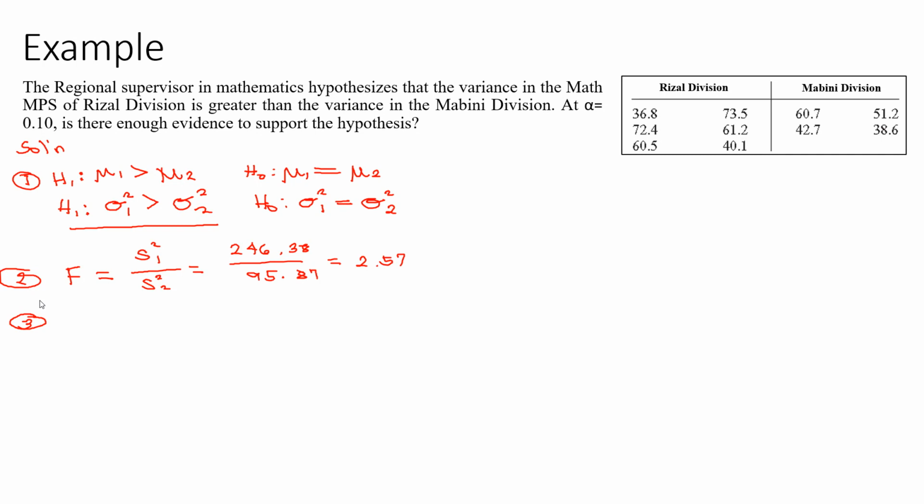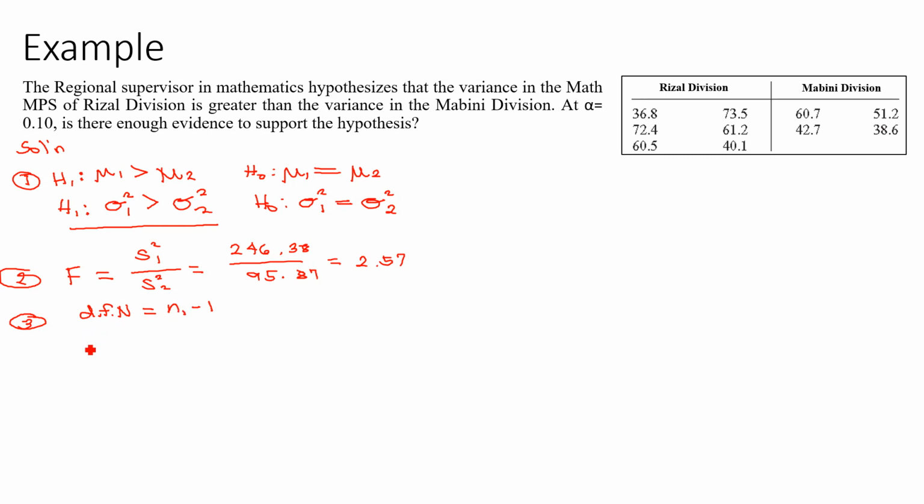Now, to determine the tabular value, let us first set the degrees of freedom. Since we have numerator and denominator, we are going to determine first the degrees of freedom in the numerator. To get it, we have the formula of n sub 1 minus 1, where n sub 1 is the number of elements in our samples in the numerator.